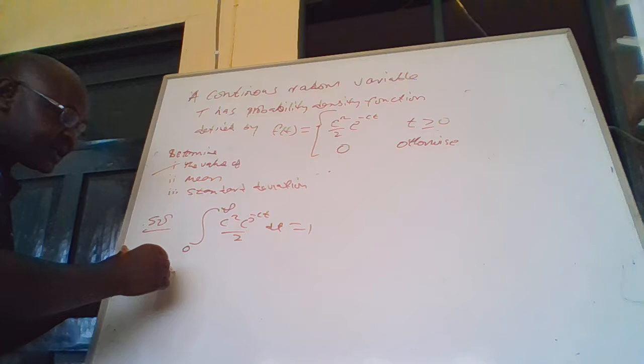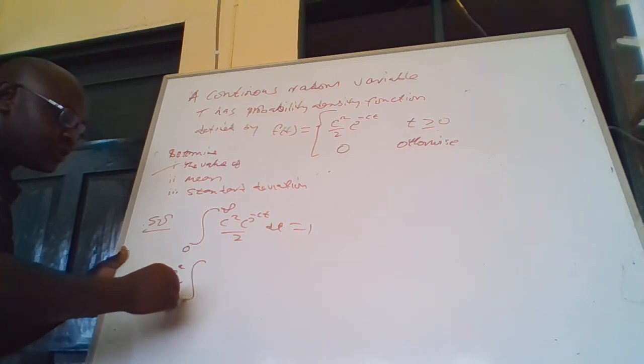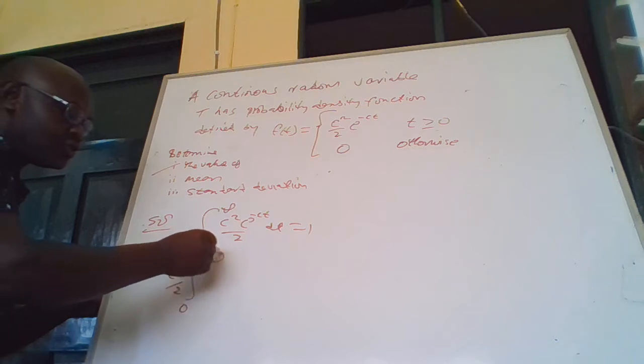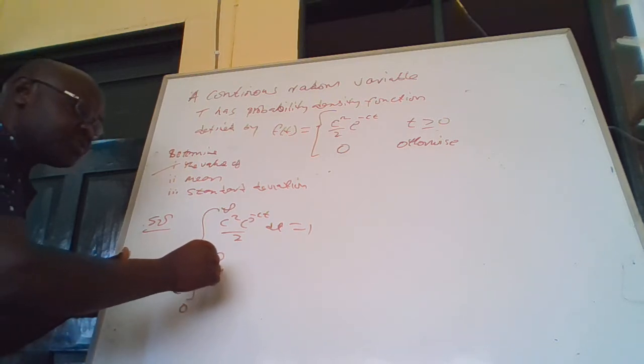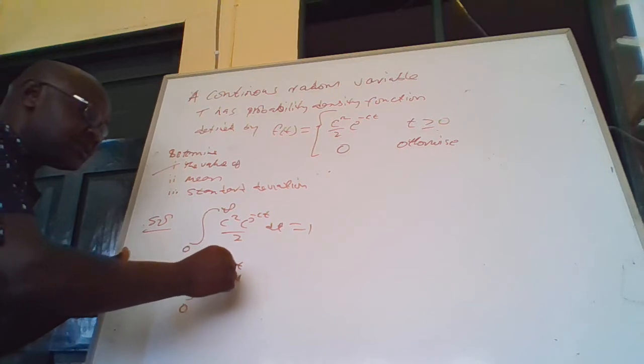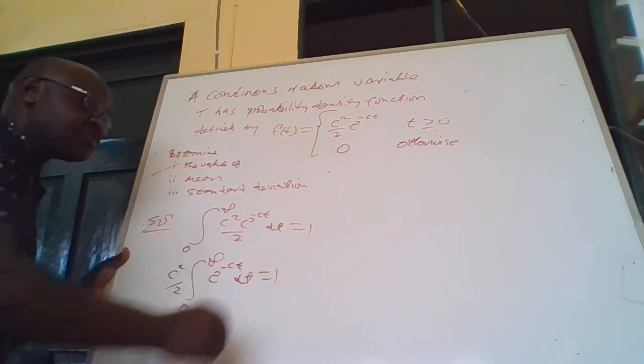I can write this as c²/2 times the integral from 0 to infinity of e^(-ct) dt, which must be equal to 1.